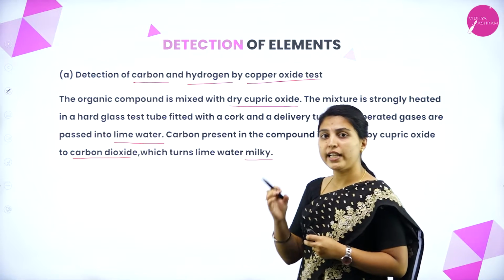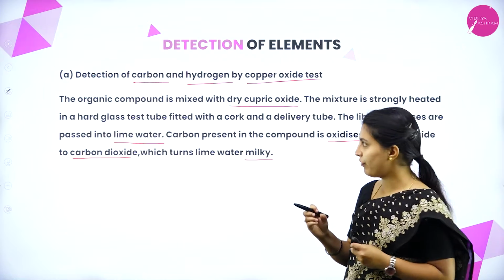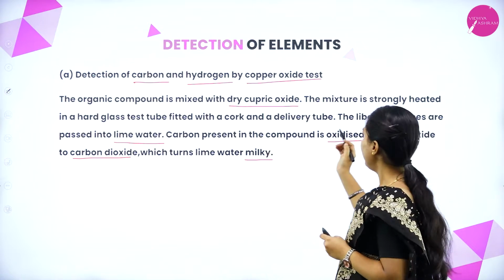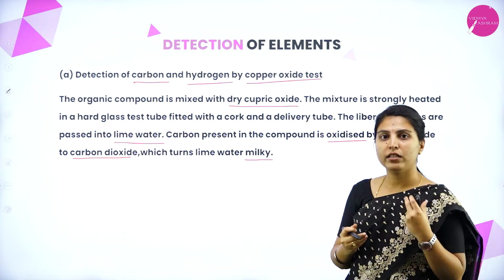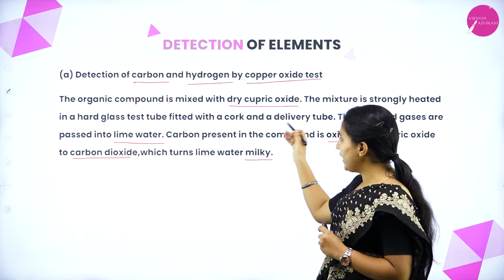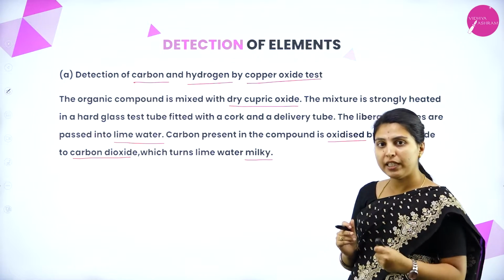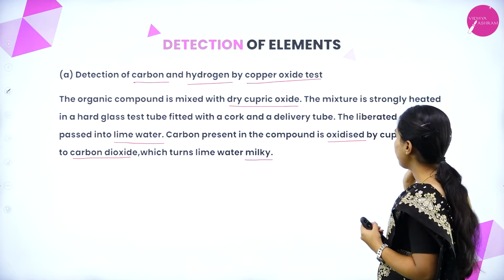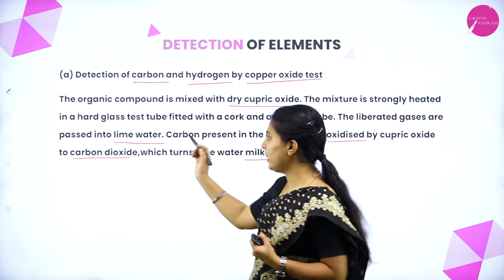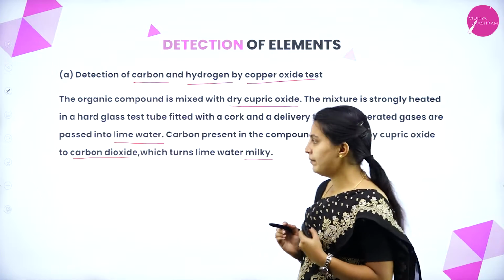Whatever organic compound has been synthesized or purified should be mixed with dry cupric oxide and heated in a test tube. The compound is taken in the test tube itself and heated with a cork fitted, and it will liberate some gases. The liberated gases should be passed into another test tube containing lime water.